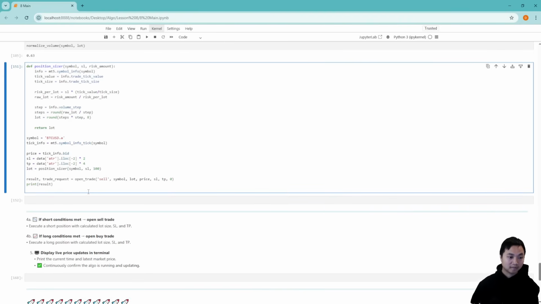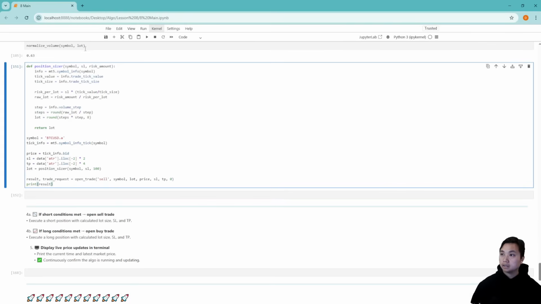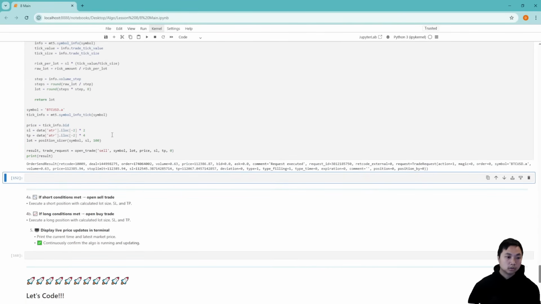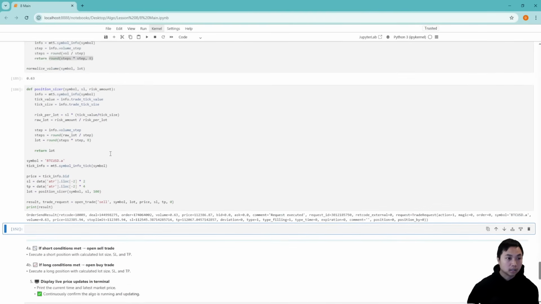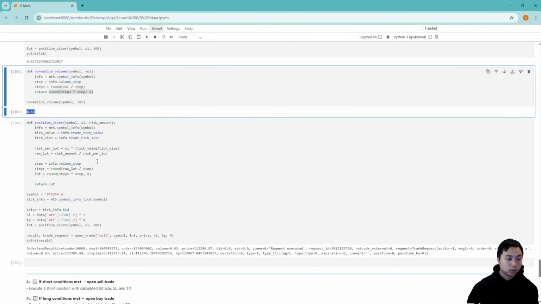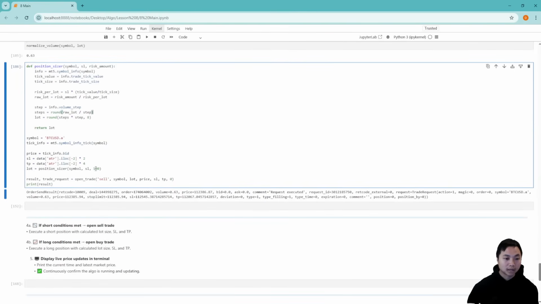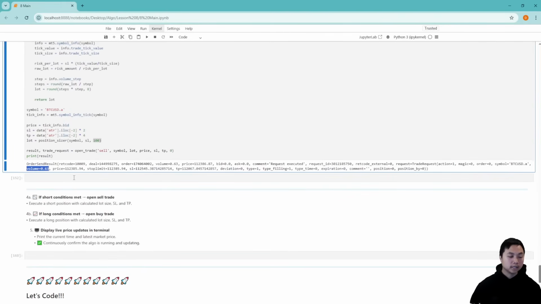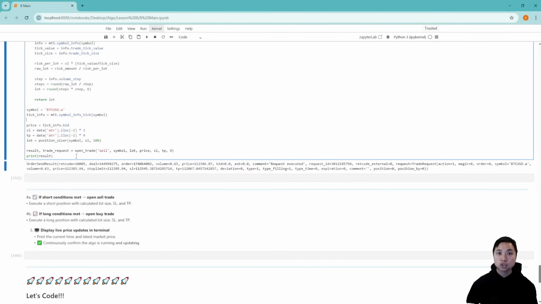Okay, so now let's execute accordingly. And now you can see the volume here is 0.63 if we would like to risk $100 only. So instead of 0.5 right now, we calculate based on how much we are willing to risk.